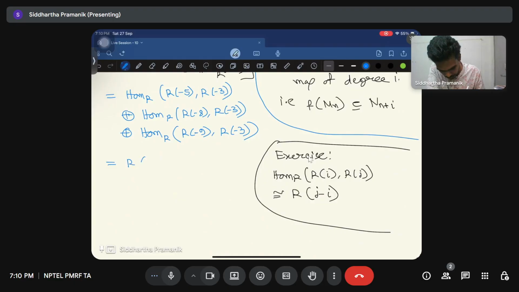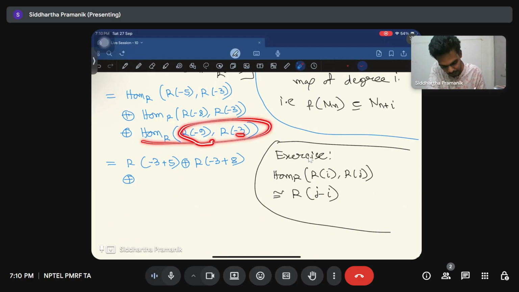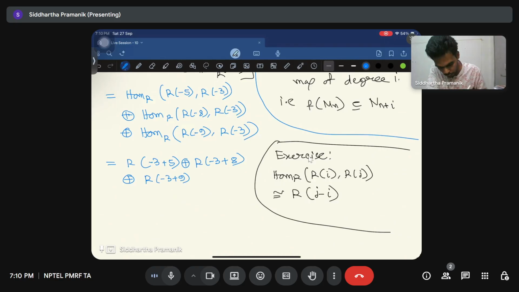So R(-3 plus 5), direct sum the second one, R(-3 plus 8), direct sum the third one, -3 plus 9. So this is the same as R(2) direct sum R(5) direct sum R(6).